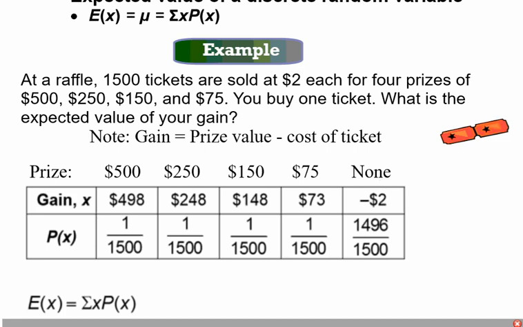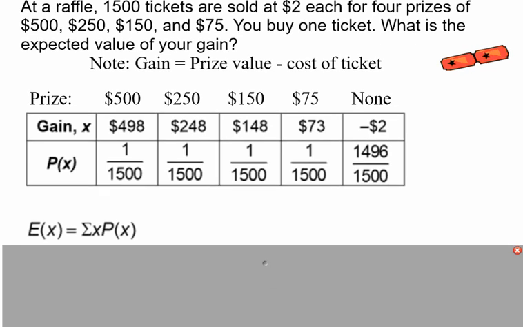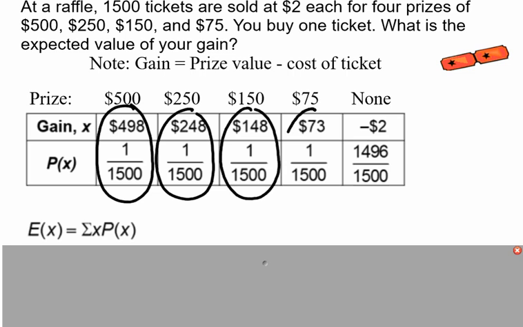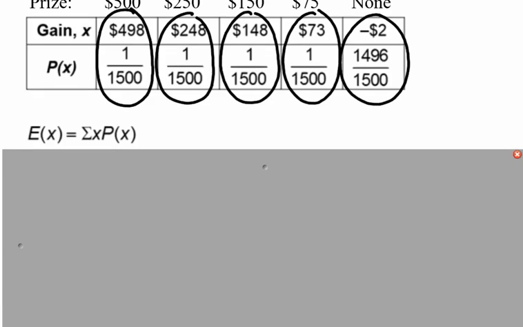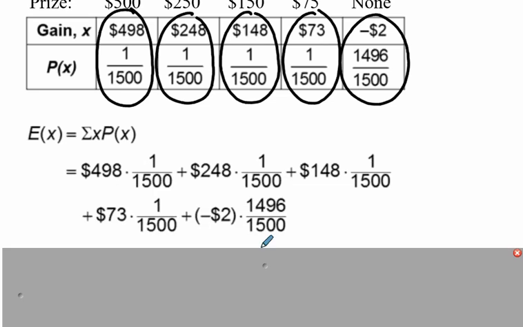And I want to find what's the expected gain for an average ticket. So what do I do? Well, I'm going to calculate each of these. I'm going to take the gain multiplied by the probability. Gain times probability, gain times probability, gain times probability, gain times probability. Add them all up, and that will be my average or expected value. So $498 times 1 over 1,500. So I could use colors here. That's this.